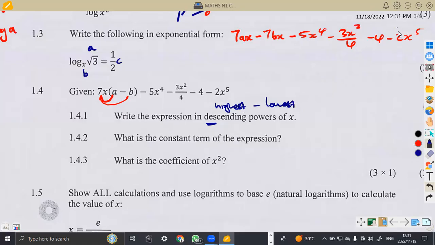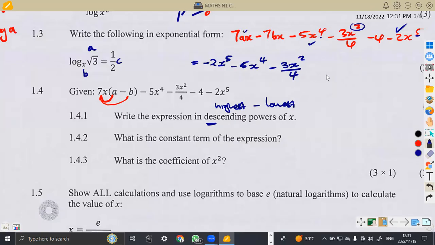So the highest exponent is this one, exponent of 5. So our answer is minus 2x to the exponent of 5, followed by this one of exponent 4, so it's minus 5x to the exponent of 4, followed by this one of 2, which is minus 3x squared over 4, followed by these 2.